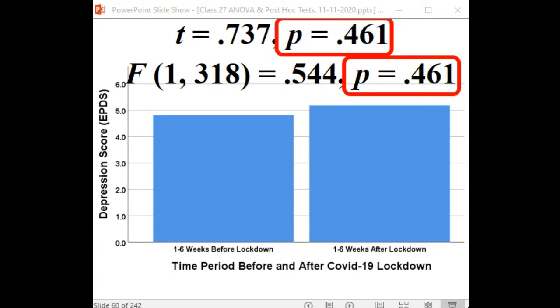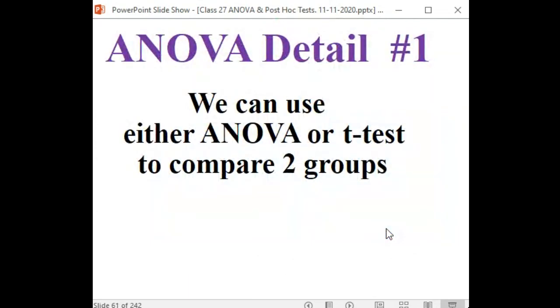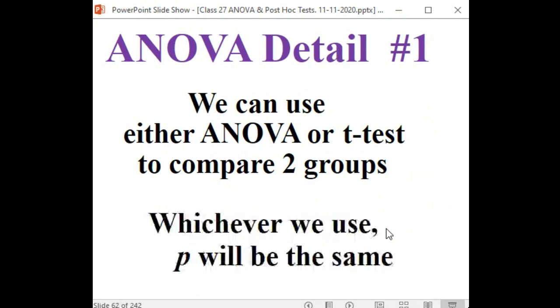Both approaches are considered okay for this purpose, both t-test and ANOVA. So to sum up this first detail, we can use either ANOVA or a t-test to compare two groups. And whichever we use, P will be the same, and we will reach the same conclusion.